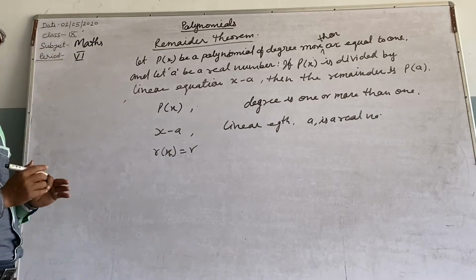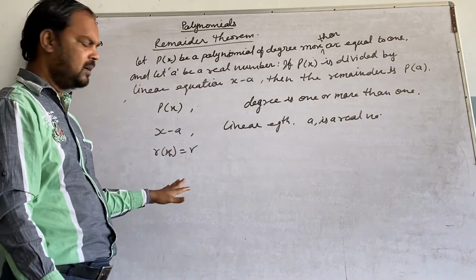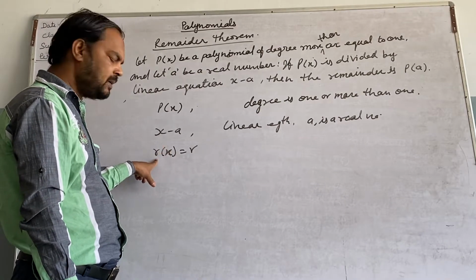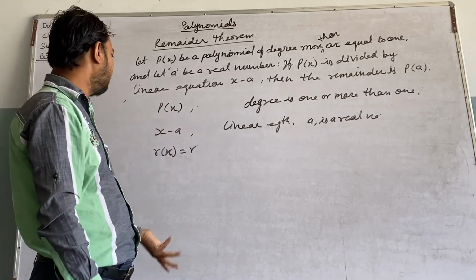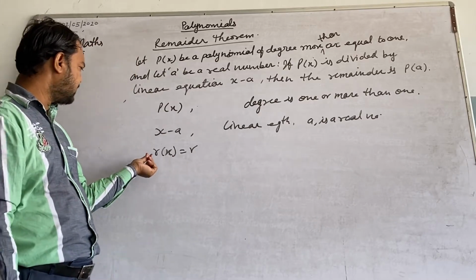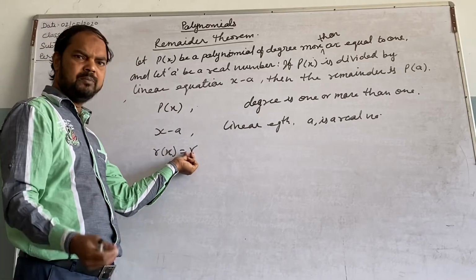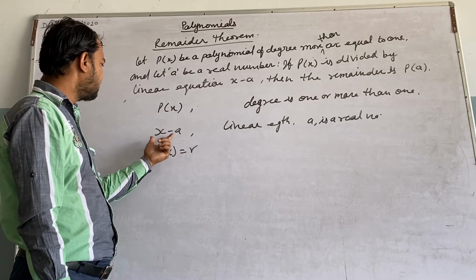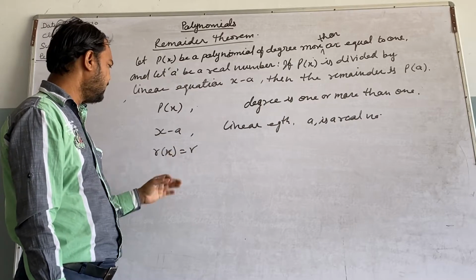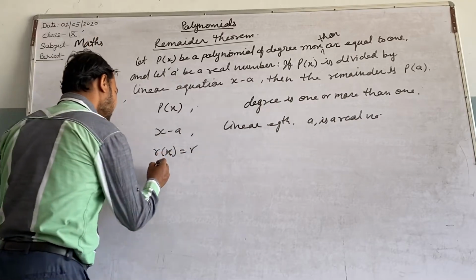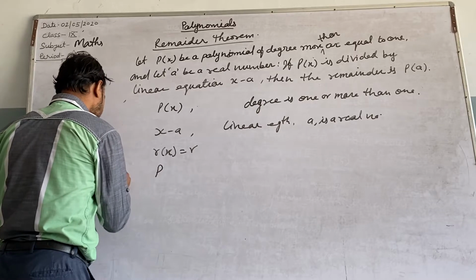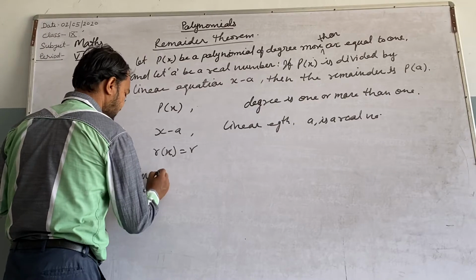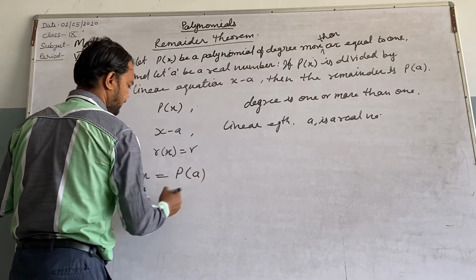the degree of R(x) is always less than 1. If the degree of the remainder is 1, then it can be divided further. So the degree of R(x) is always less than 1, maybe 0. So if P(x) is divided by x minus a, there is a remainder R(x), and this is called P(a). The remainder is P(a).